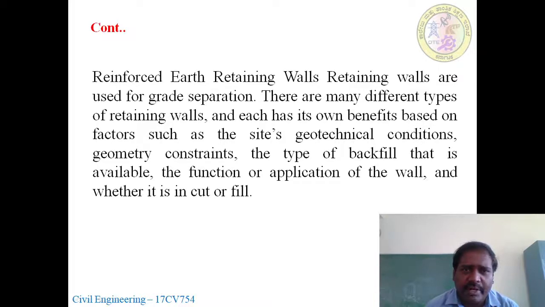So we have to provide reinforcement strips or any other material in the form of strips or rods. So we have to discuss the reinforced soil.